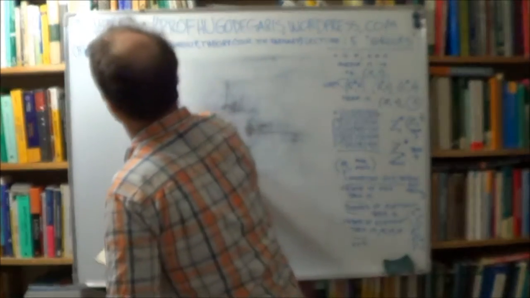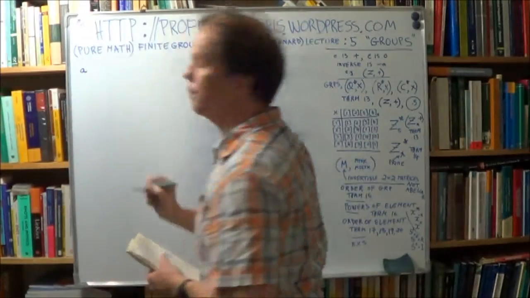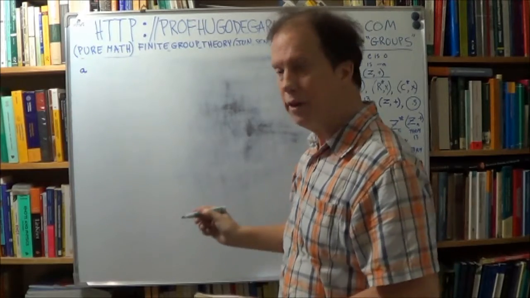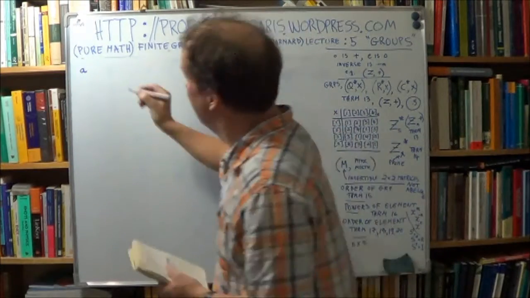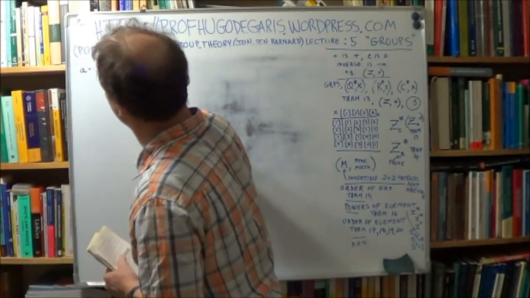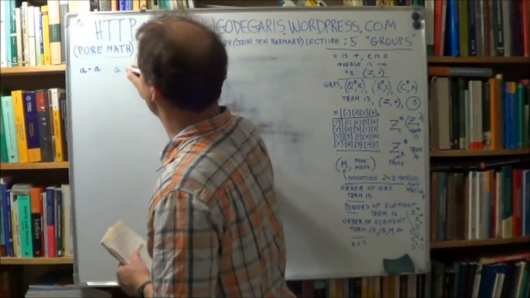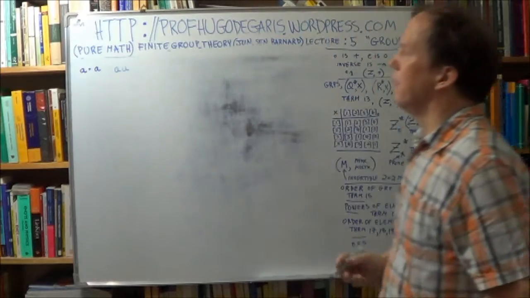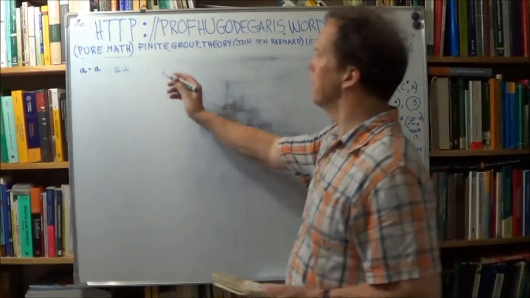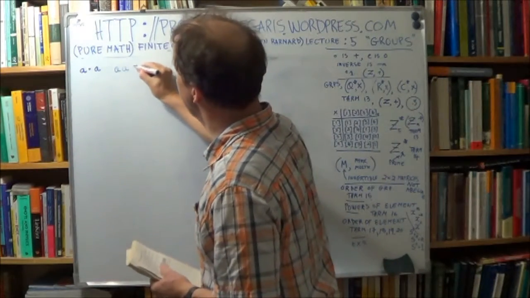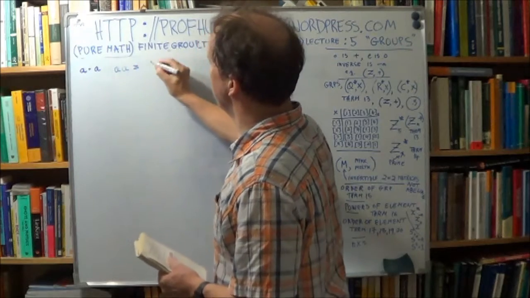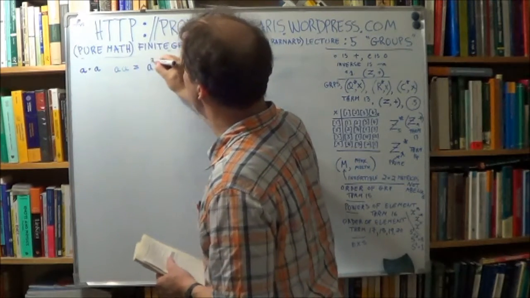So say you have an element A here, and you binary operate on it by itself. So you get A little circle A, or we'll just call it AA. Now, even that's a bit tedious, so let's shorten this. By definition, we'll just call this A squared.